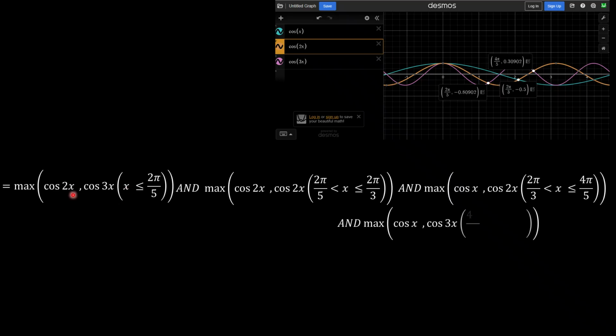So between cosine 2x and cosine 3x, in this first subinterval, we see that cosine 2x is the maximum in that region, right?